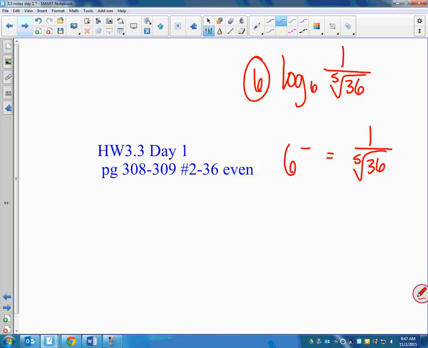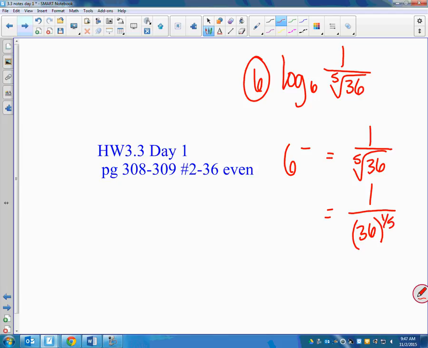So anybody see something we could do? How could I start with rewriting that so that it could be a 6 to a power? What do you see? We definitely need to get rid of that at some point, and we can write that as a fraction, right? That would be the same as 36 to the 1/5 power.